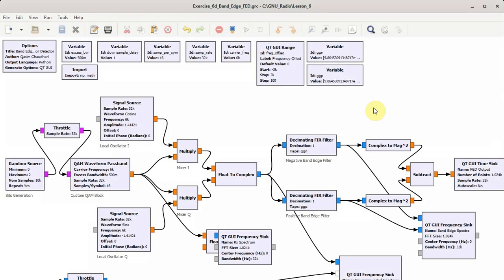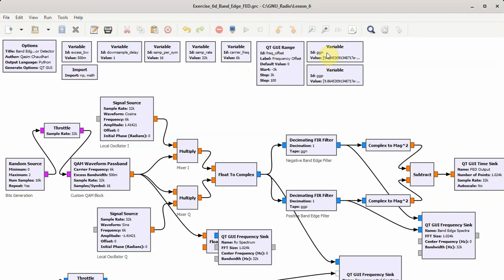I have made this flow graph to demonstrate the working of a band edge frequency error detector. The excess bandwidth is chosen as 0.5, samples per symbol is 16, the sample rate is 32,000, and the carrier frequency is 6,000. Frequency offset is chosen as a slider from minus 3000 to 3000 Hz.